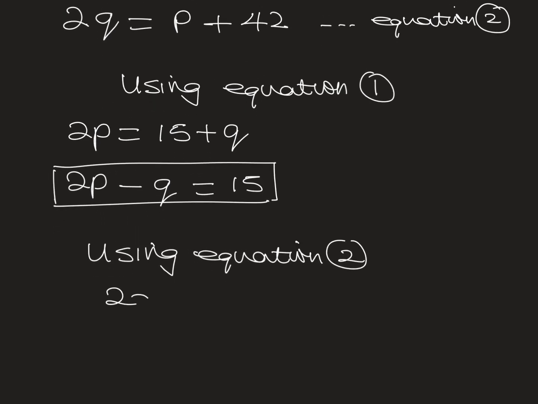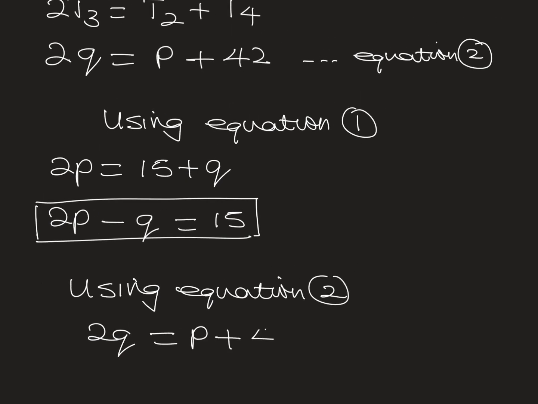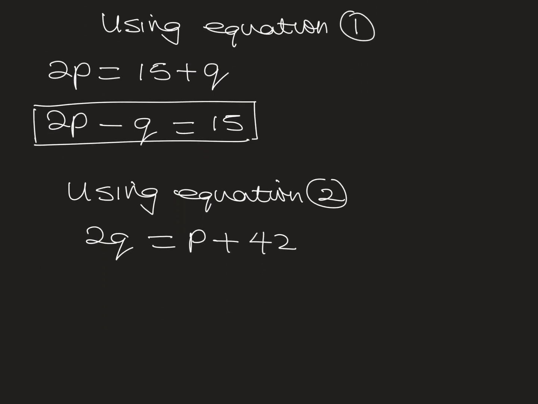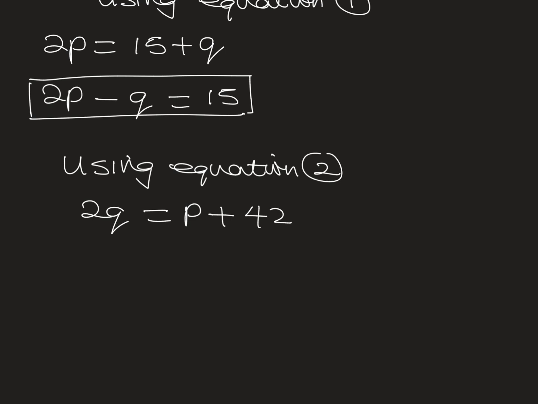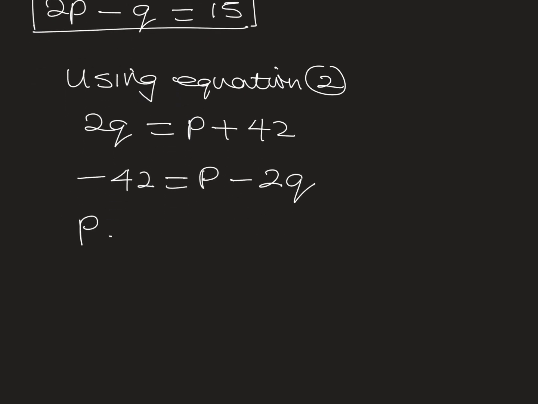Equation 2 is 2Q is equal to P plus 42. If you are going to bring 2Q to the right side of the equation, you're going to have minus 2Q. Is that right? So therefore, I can say P minus 2Q is equal to minus 42.